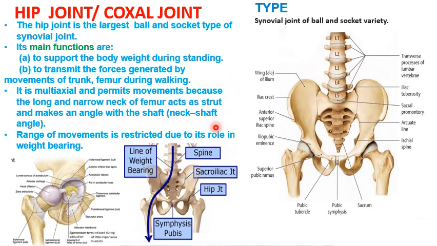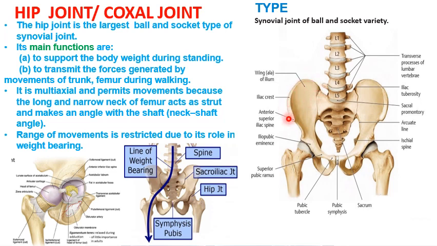If you look here in the picture, these are the lumbar vertebrae, this is the sacrum, and this is the hip bone and the femur. Here is the hip joint, which is formed between the acetabulum of the hip bone and the head of the femur. This joint is called the sacroiliac joint.